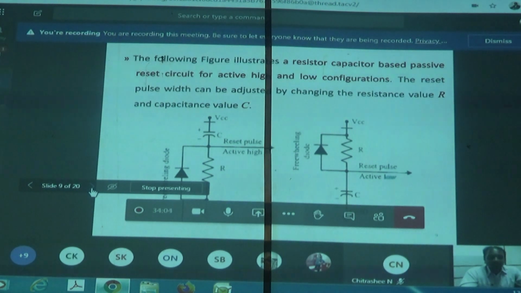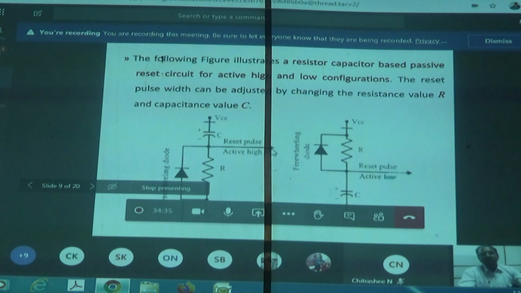The reset pulse width can be adjusted by changing the resistance value and the capacitance value. This is the circuit for active high and for active low. As I told you, the resistor and the capacitor along with a diode form a reset circuit, such that whenever any mishap happens, this circuit gets enabled and immediately a reset pulse is generated.